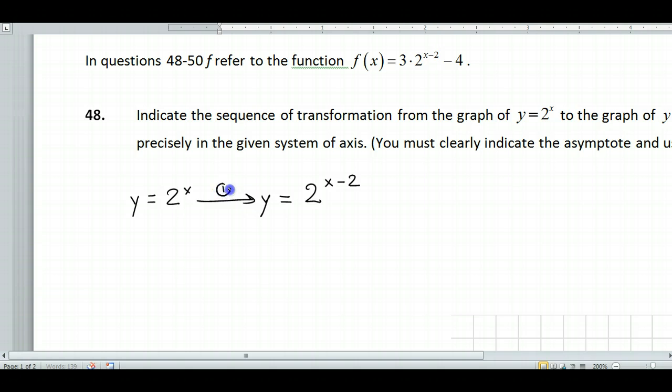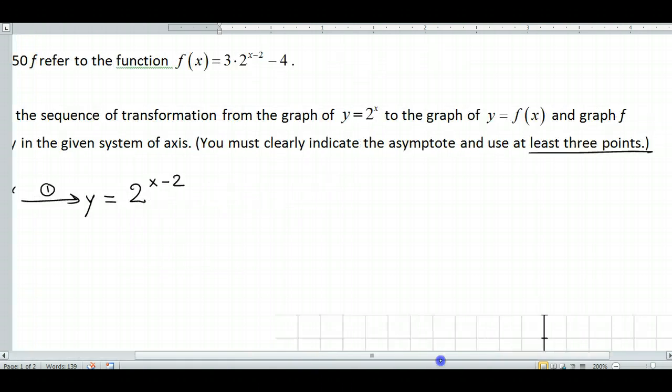I will indicate the name after. The second one would be y equals, all right, so what do we do? x minus 2, then we multiply by 3. 3 times 2 to the power of x minus 2.